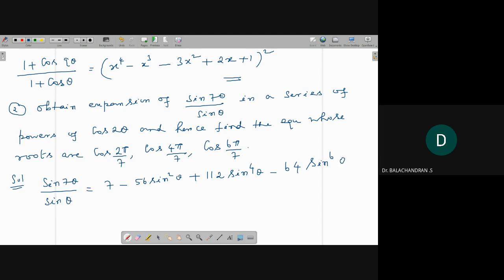Okay. So first you need to derive it again, you can't write it directly. And I need the answer in a series of powers of cos 2 theta.